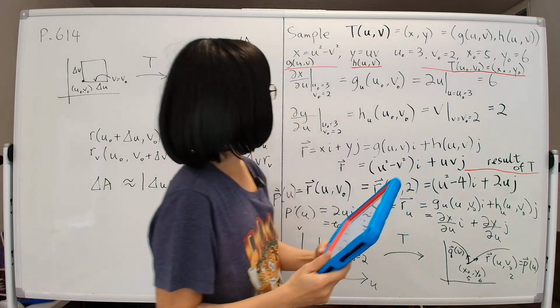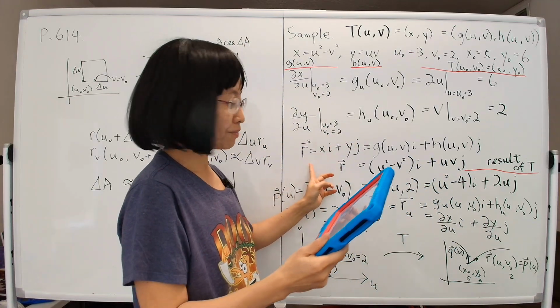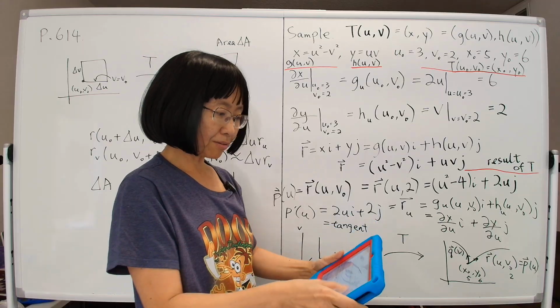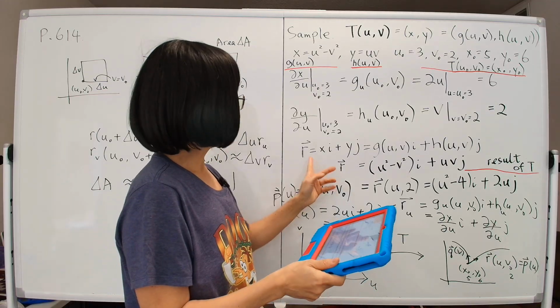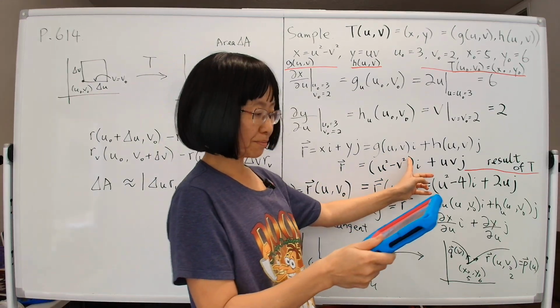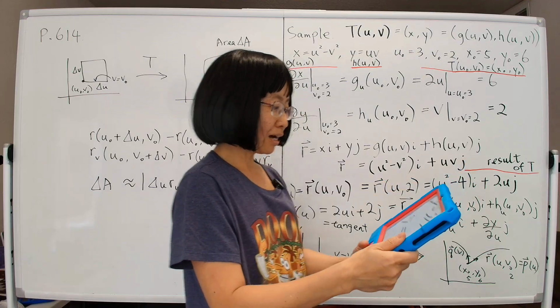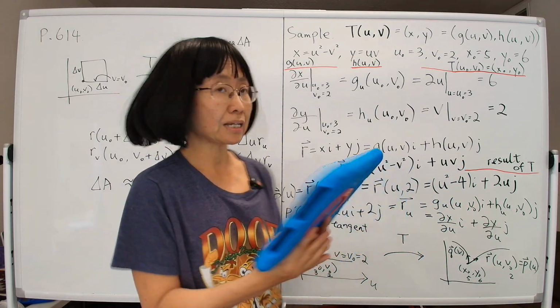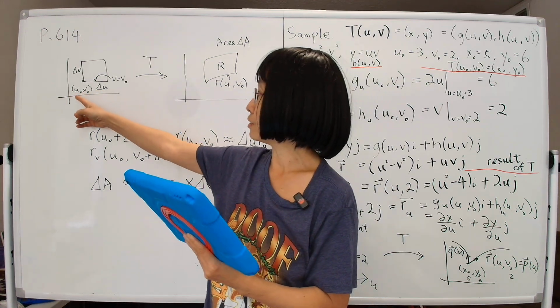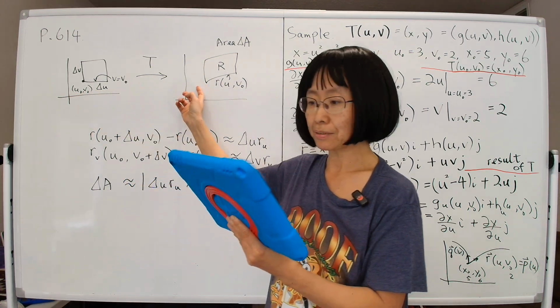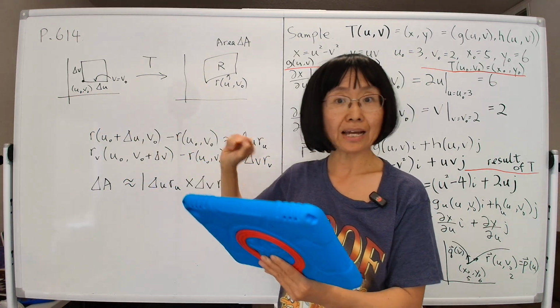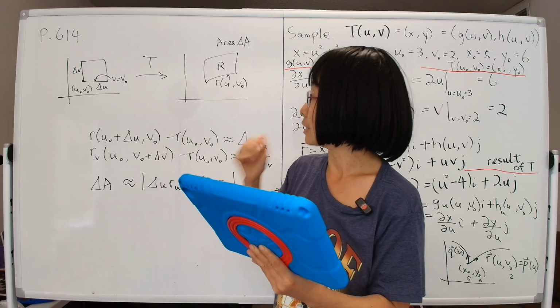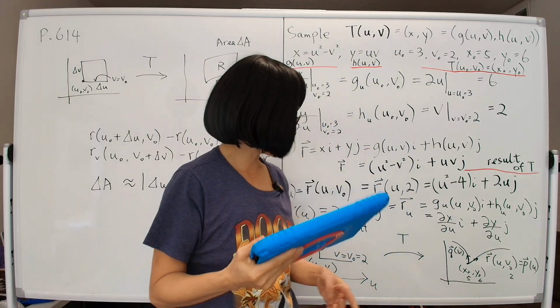And similarly, we will define a vector r, where r is defined as g(u,v) i plus h(u,v) j, and then the corner u0, v0 is mapped over here to x0, y0, which I haven't written down, but that is the same thing as here.